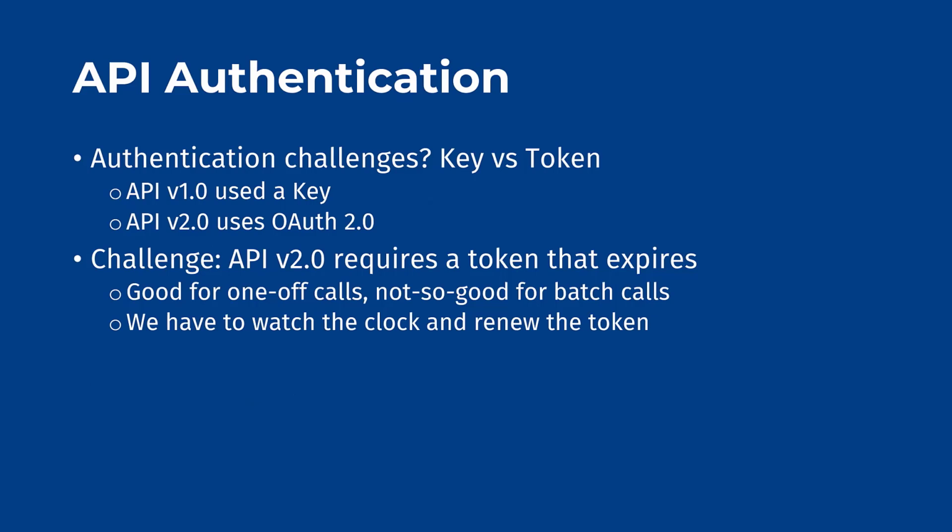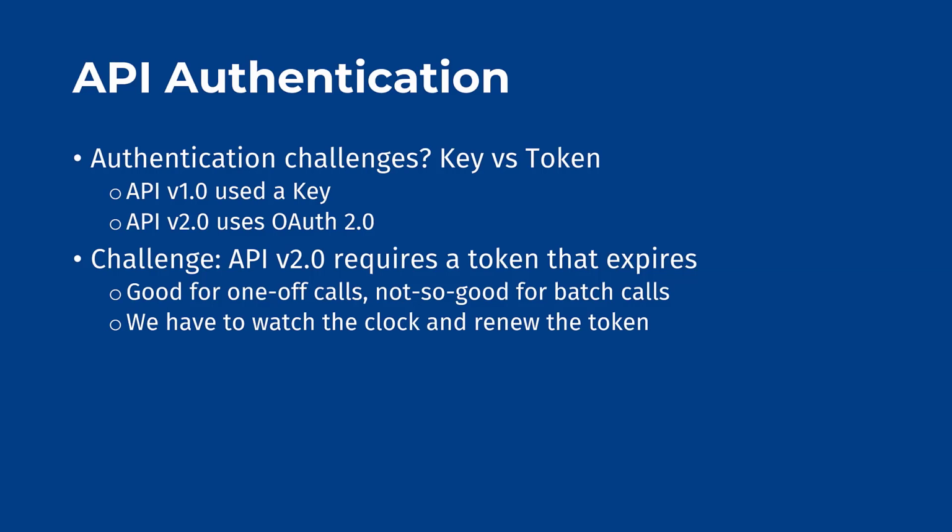API authentication was a concern. The version 1 API used a key, which you just added to your API URL as a parameter. The version 2 API, which is what we're using because the version 1 isn't available anymore, uses OAuth 2.0 and involves tokens. The challenge is that the token expires in a relatively short period of time.